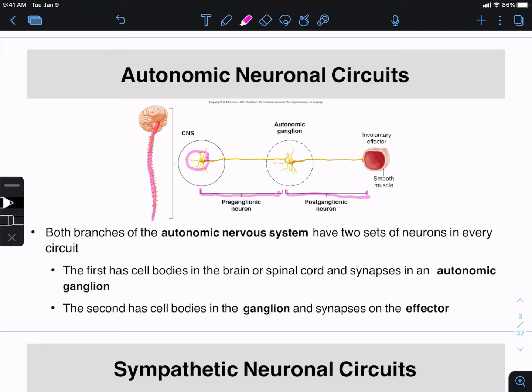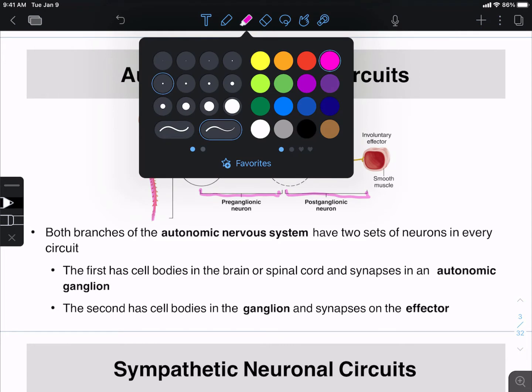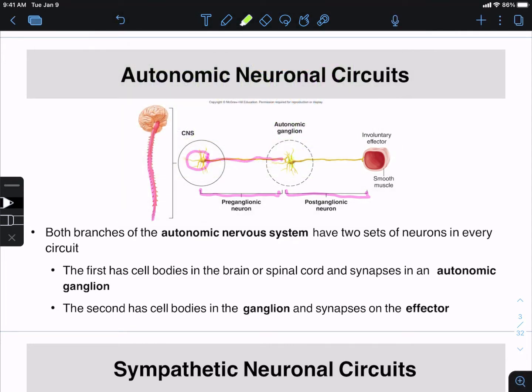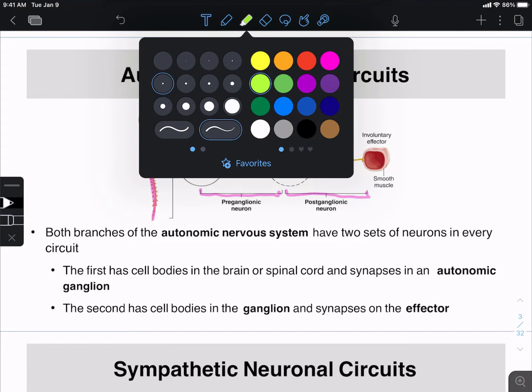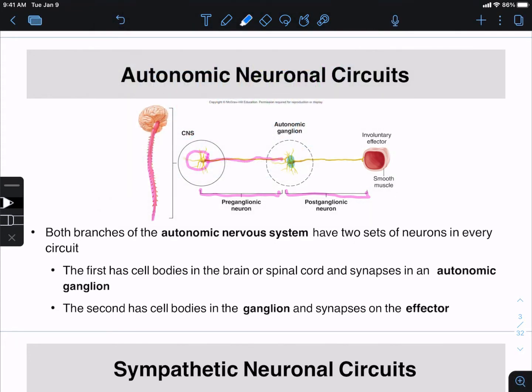The axon leaves the brainstem or the spinal cord and travels some distance, either long or short, depending on whether we're dealing with the sympathetic or the parasympathetic nervous system, where it forms a synapse with another neuron, the cell body being located in what's called the autonomic ganglion.